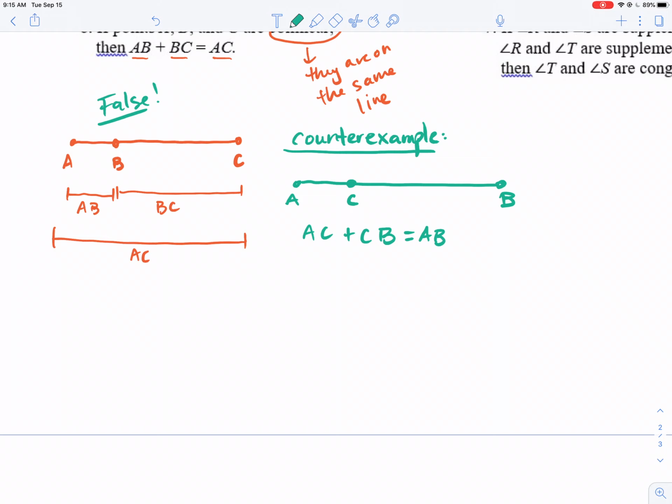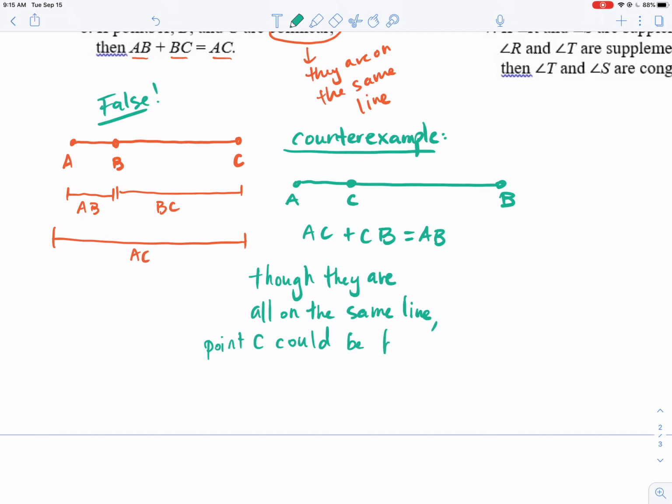So we would say, though they are all on the same line, point C could be between A and B, resulting in AC plus CB equals AB.